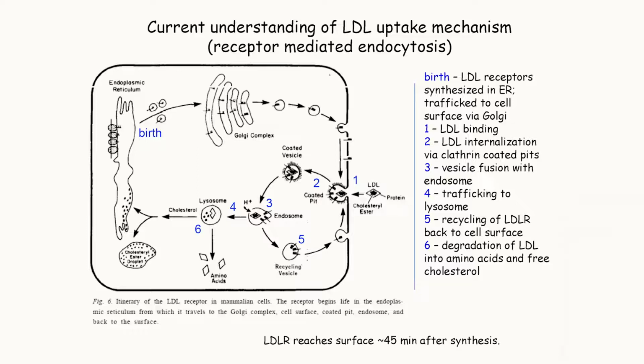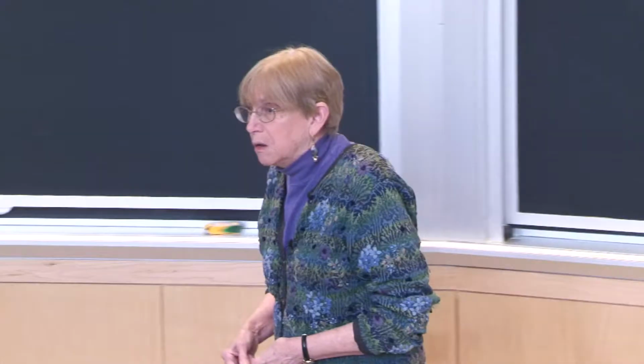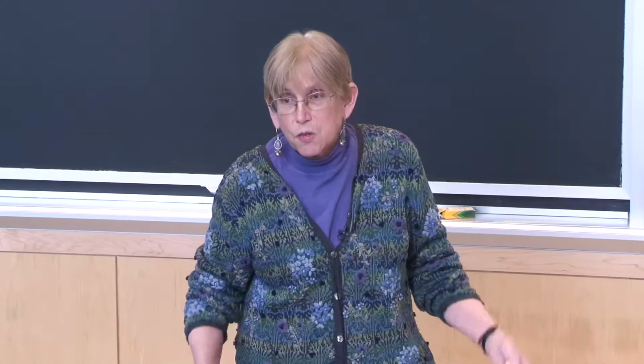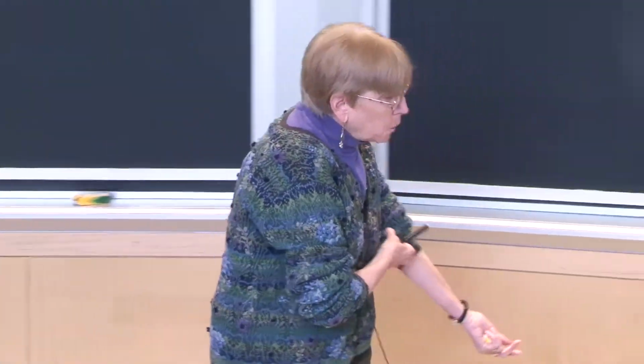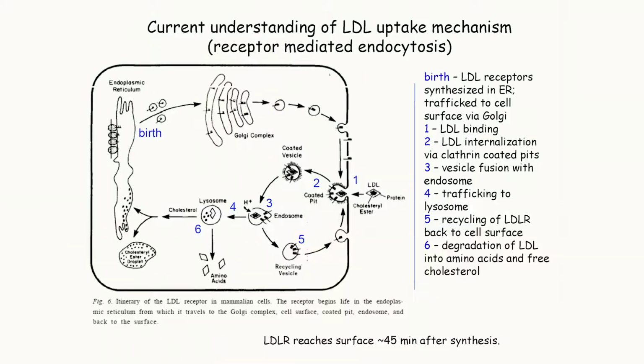And then this receptor bound to its cargo, its nutrients. And again, this is going to be a generic way of bringing any kinds of nutrients into cells. It's not limited to cholesterol. It undergoes what's now been called receptor-mediated endocytosis.